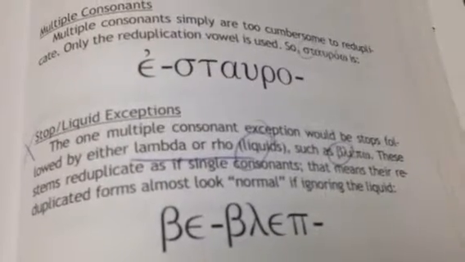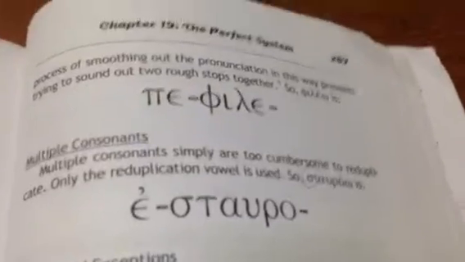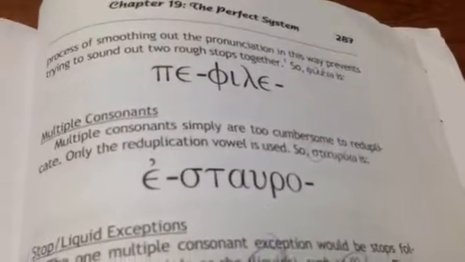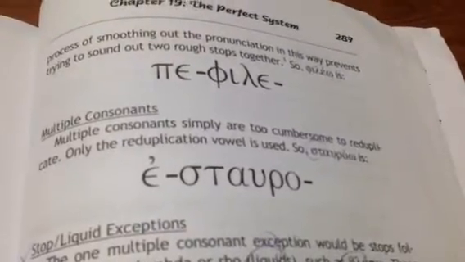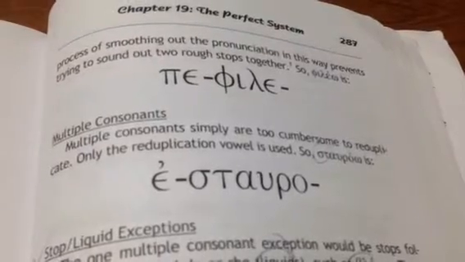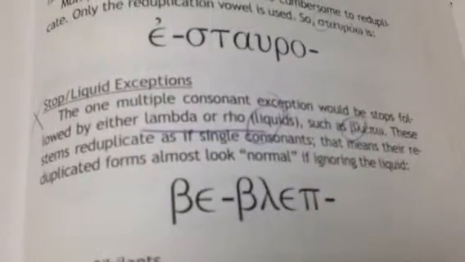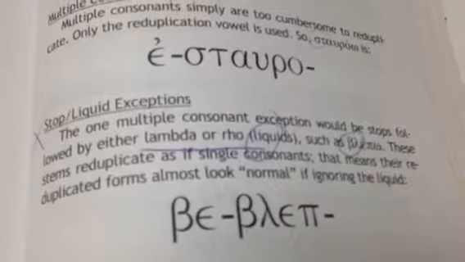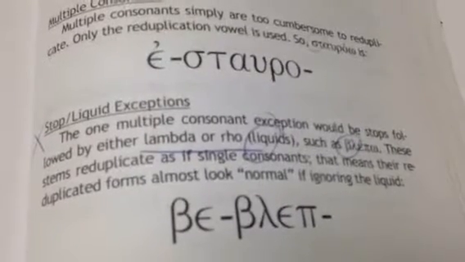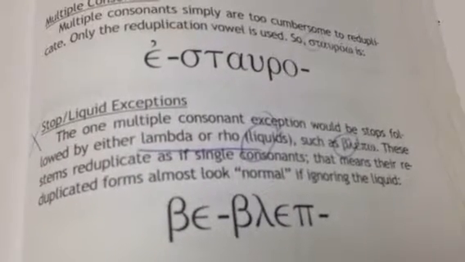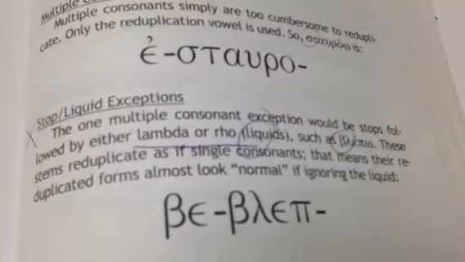So the difference here is that for sta ro, where you had a double consonant, even including a sibilant, it would just give up and just add a single vowel. If it involves a liquid, it would take the first consonant and reduplicate it like that, as if it was a single consonant, as we had seen, and add an epsilon.